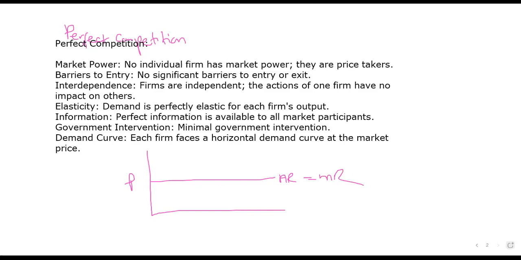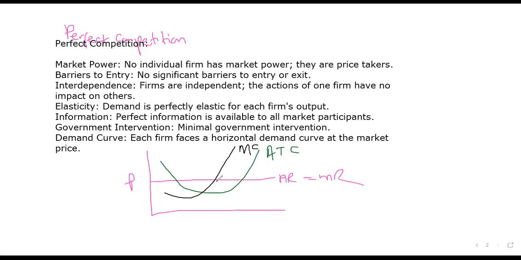Okay. So in a perfectly competitive market, in the short run, our average total cost and marginal cost curves are U-shaped like this. This is average total cost. Then this here is marginal cost.